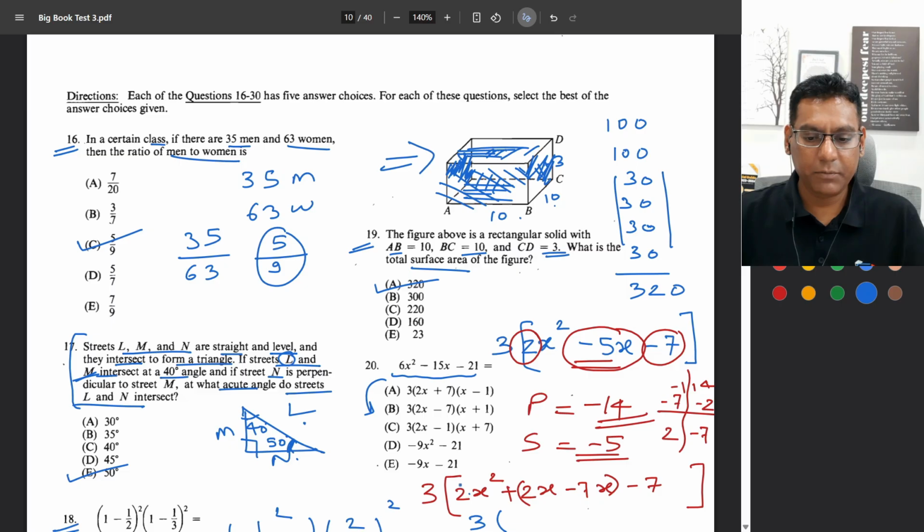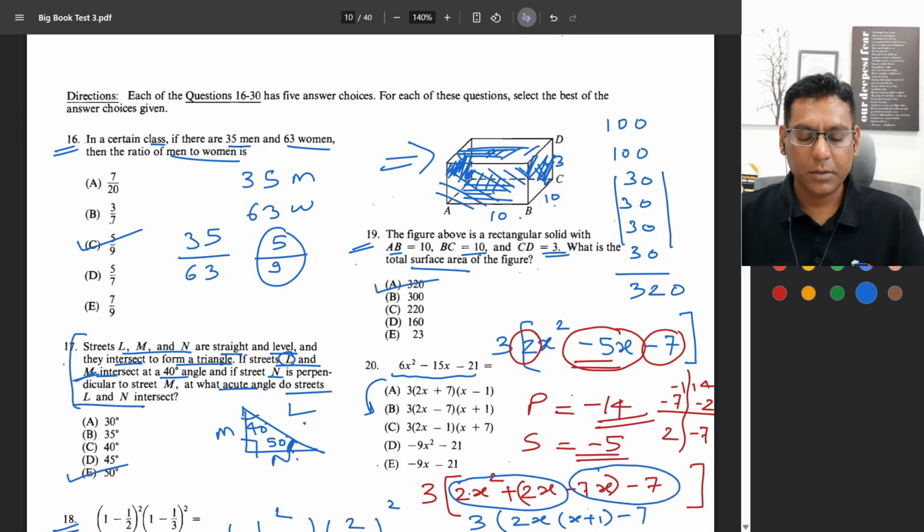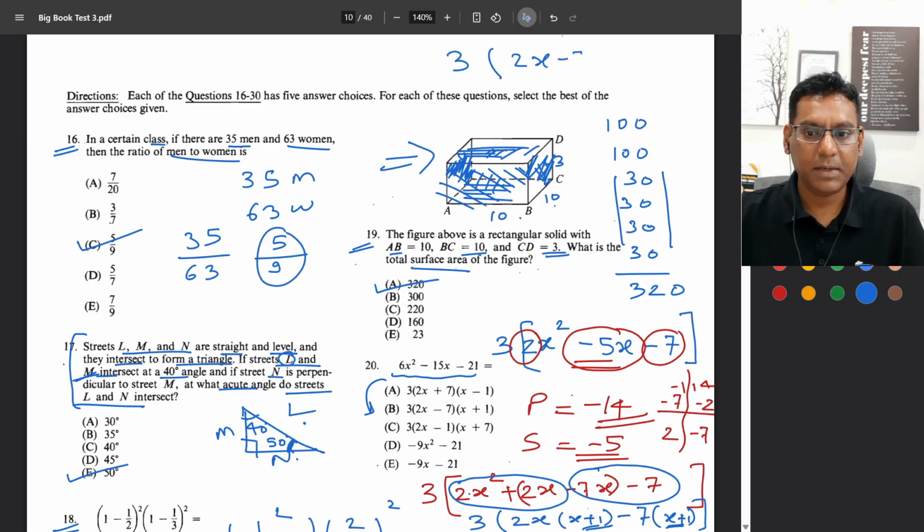What is common between these two? I have 2x as common, and I get x plus 1. What is common between these two? Minus 7 is common and x plus 1. So I get x plus 1 common again. So I regroup that and I write it here, 3 into 2x minus 7 and x plus 1.